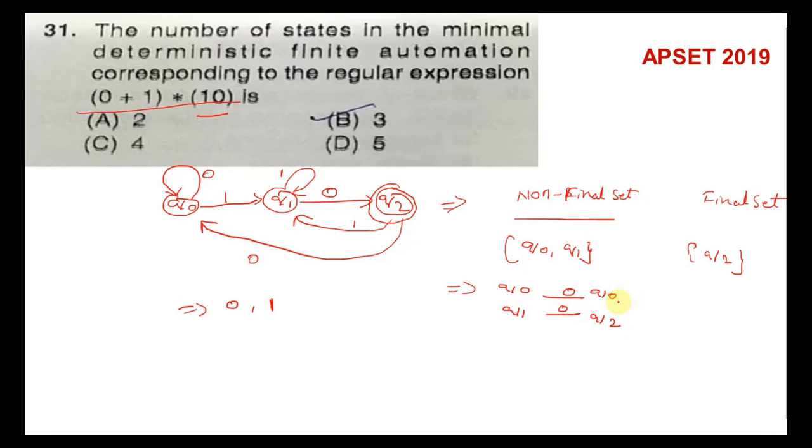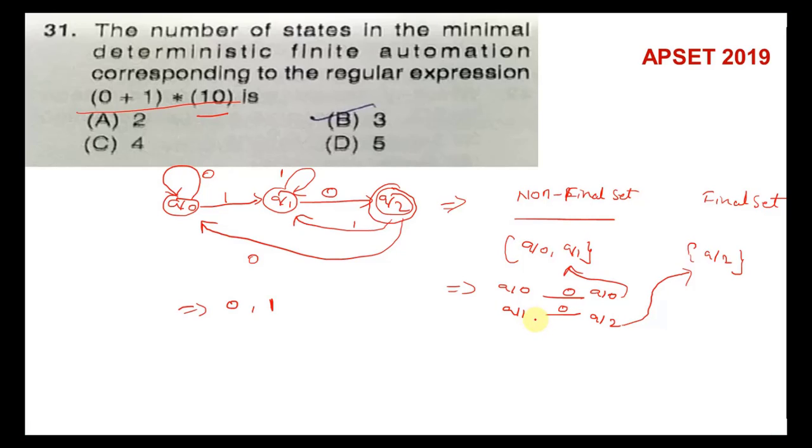Here Q0 is part of the same set, and Q2 is part of the second set. When you get different sets, it means that Q0 and Q1 are not equivalent; they don't have the same characteristics, so they have to be divided.